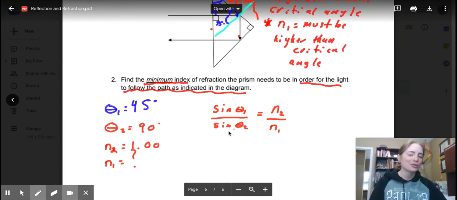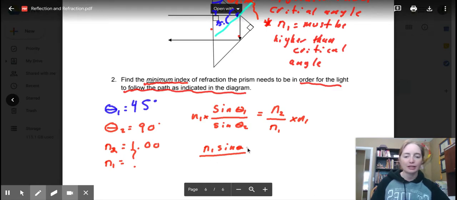So you got a couple ways you can do this. You can rearrange, or you are welcome to go cross multiplying and dividing. Whatever you want to do, show your work. Okay, so I know what it is you're doing. And so we're going to rearrange this, ladies and gentlemen. I'm going to multiply by N1 in order to make this linear. And then I'm going to multiply by sine theta 2 divided by sine of theta 1.